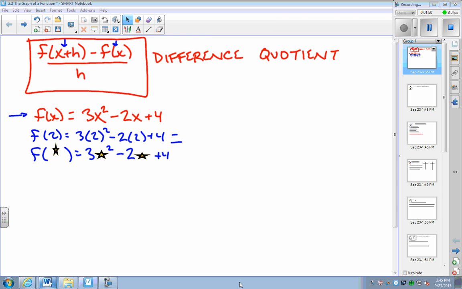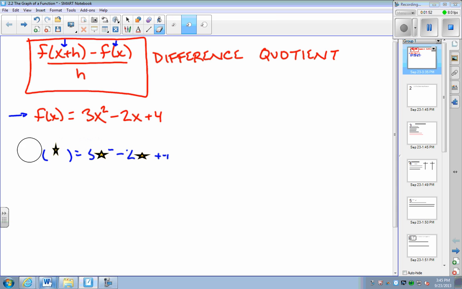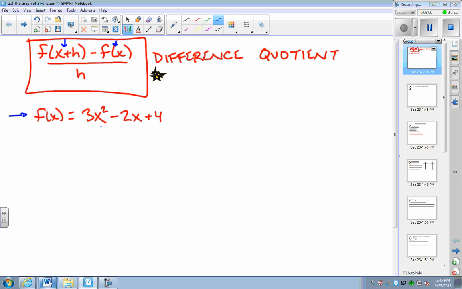So what our formula asks us to do is do f of x plus h. Everywhere we see an x, which is here and here, we're going to plug that in. So if I want to do the difference quotient, I'm going to say 3 times an x plus h quantity squared minus 2 times an x plus h.